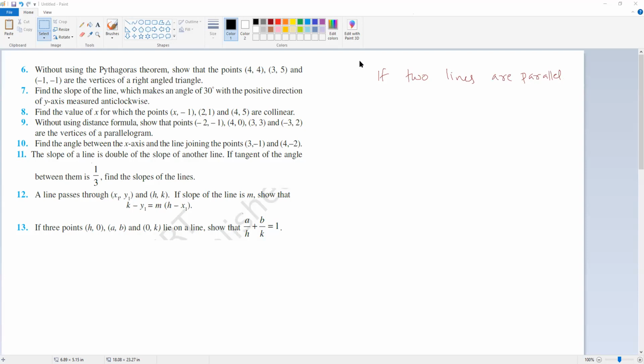If two lines are parallel, so your y-axis, x-axis, I'm going to draw two lines like this, okay, this is your first line, this is your second line. You can see these two lines are parallel, correct? Okay, L1, L2.